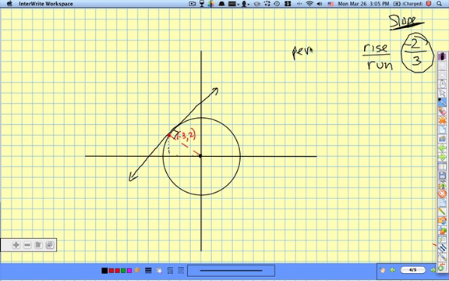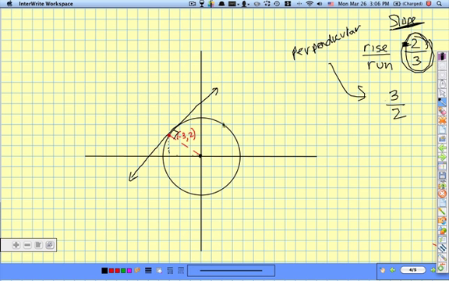And you know that it should be perpendicular. So therefore, you did this last section, if it's perpendicular, then the slope has to be the opposite reciprocal. So this is negative, so our new one will be positive. This is 2/3, so therefore 3/2. Okay?